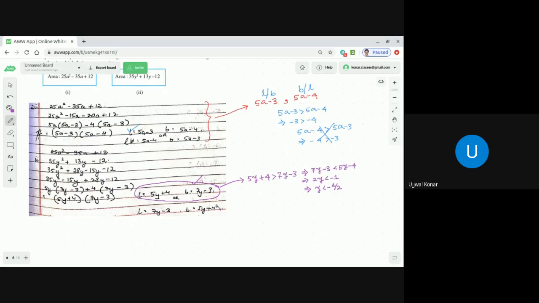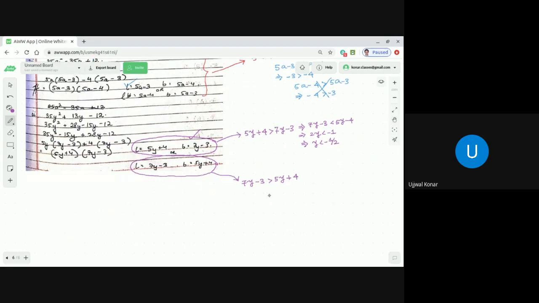If y is less than minus 1 by 2, then we can consider this as length and this as breadth. But if we consider the other one, that 7y minus 3 is the length and 5y plus 4 is the breadth, then what will happen? 7y minus 3 should be greater than 5y plus 4. And you see, handwriting has to be very neat and clean. So this implies 2y is greater than 7, correct or not?